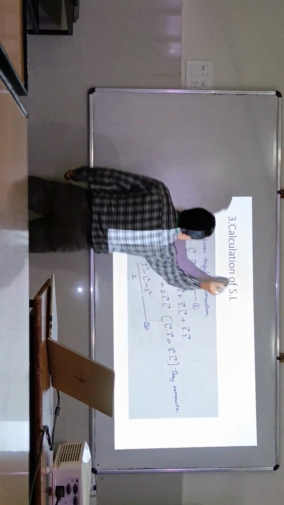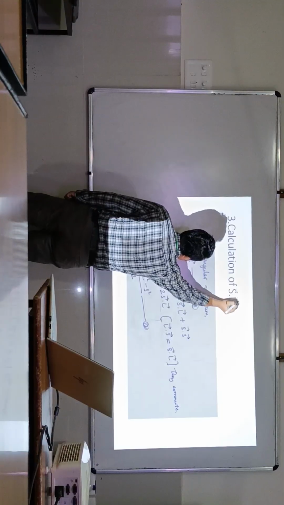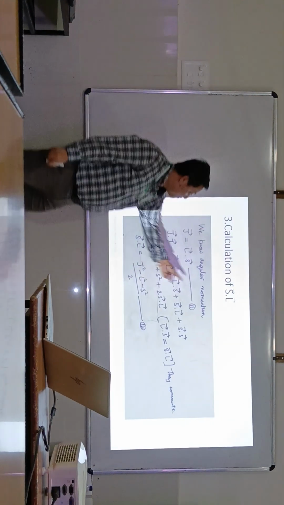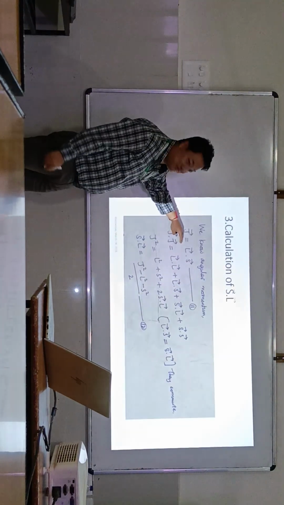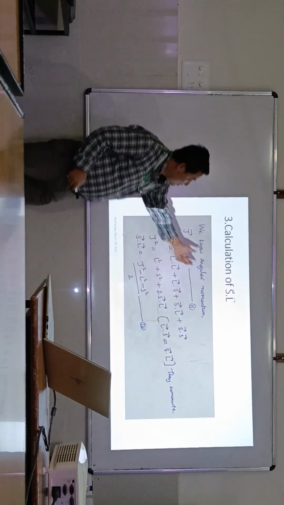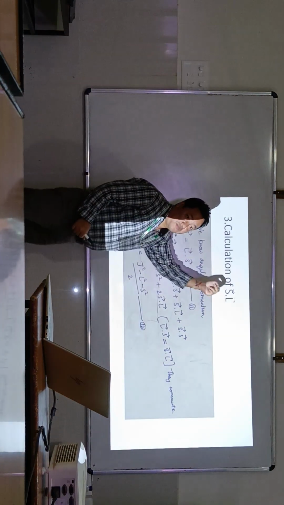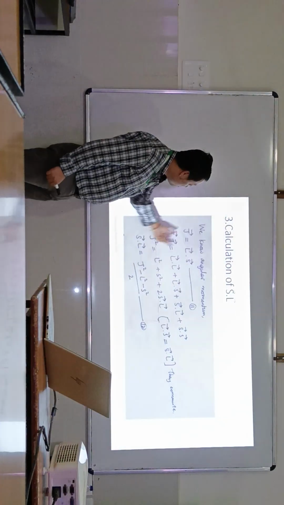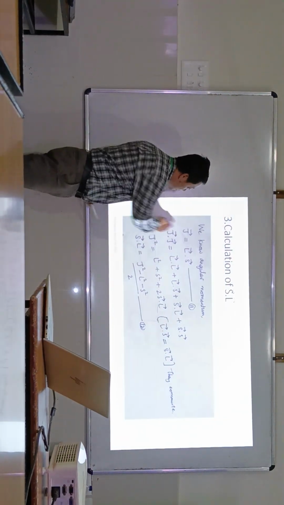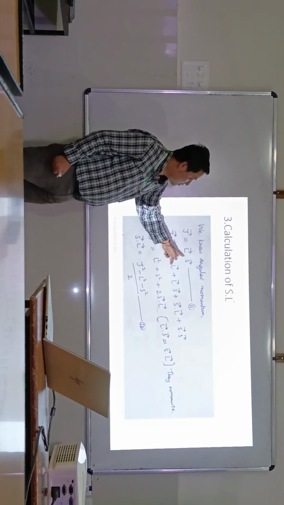Now we will try to calculate the spin vector and then the angular vector. We have already studied this in our previous classes. We know that the spin vector and the angular vector, if you combine them, you will get the total angular momentum, that is J. So we have taken J vector equals L vector plus S vector.